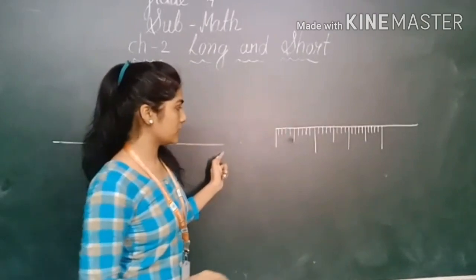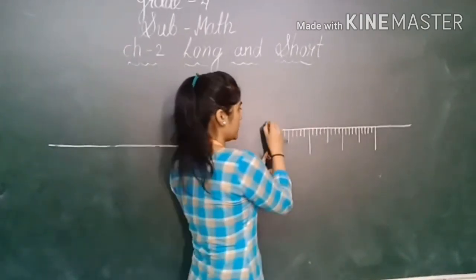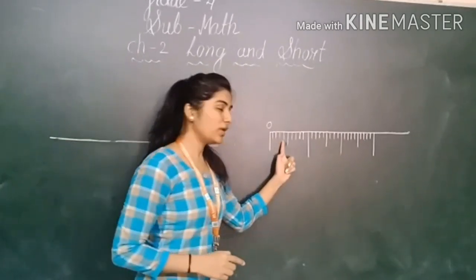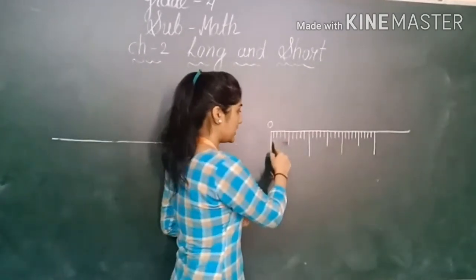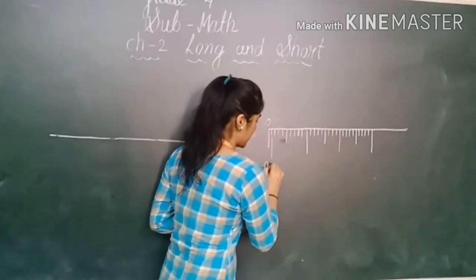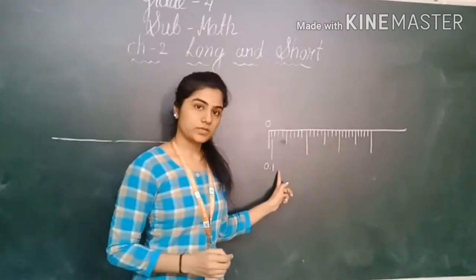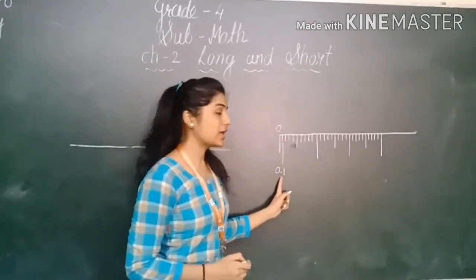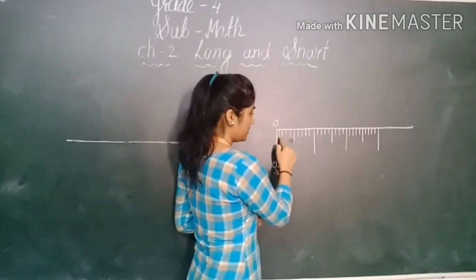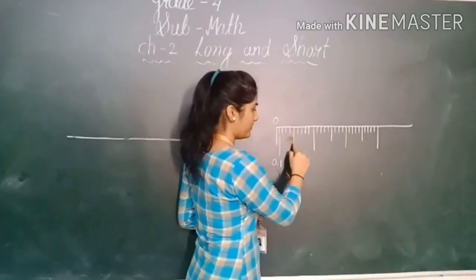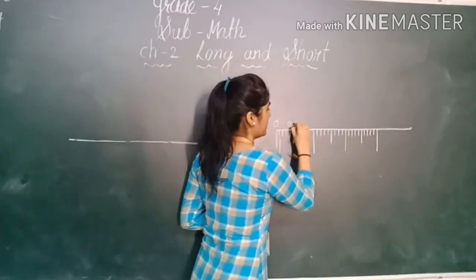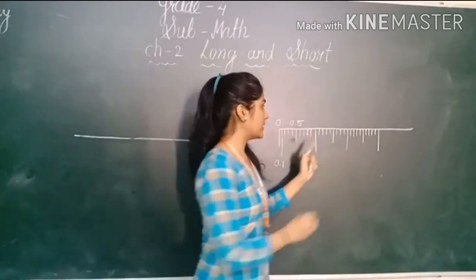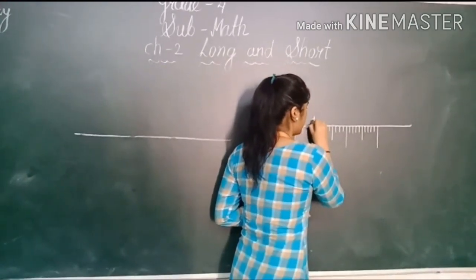In the scale you can observe first we start from 0, and between them there are small lines, and each line is 0.1, that means the distance between these two is 0.1. So the measurement on the scale is 0.1, 0.2, 0.3, 0.4, 0.5. After that 0.6, 0.7, 0.8, 0.9, and after that 1.